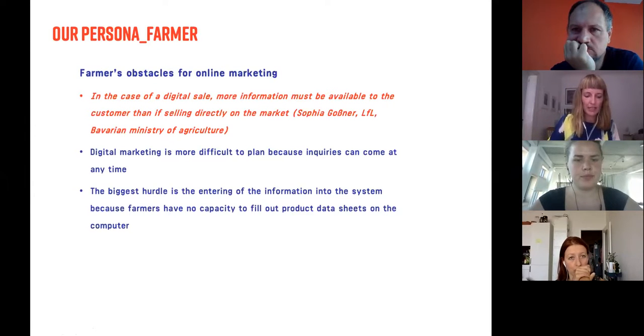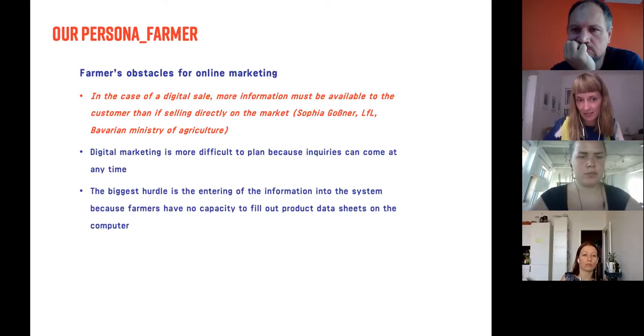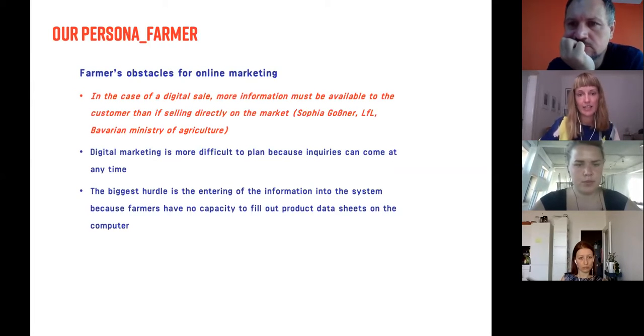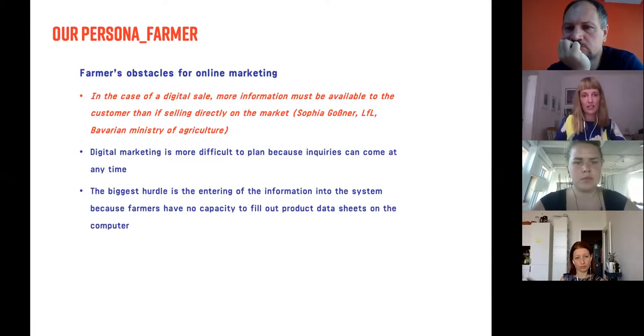When you keep it open like this and don't have a box or whatever that you give to the customers, it's really open when something is inquired that you have to deliver. And then the last point that we already discussed: it's a lot of data that has to be uploaded and put online, which is also a lot of work for the farmer.